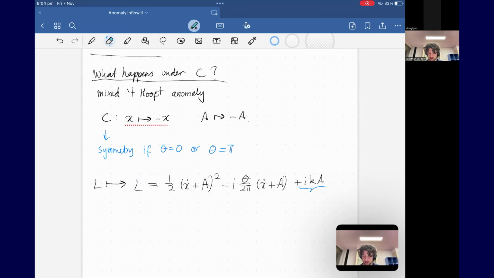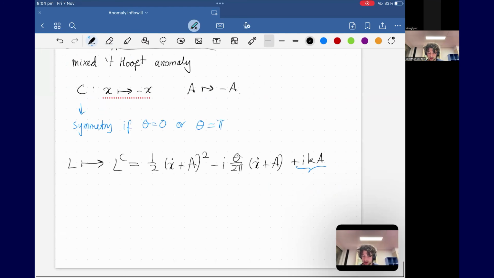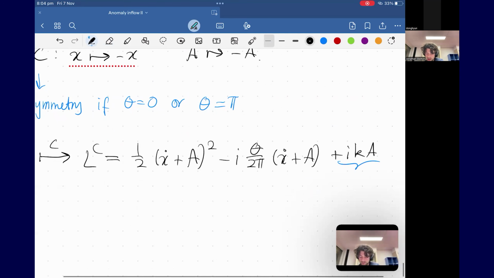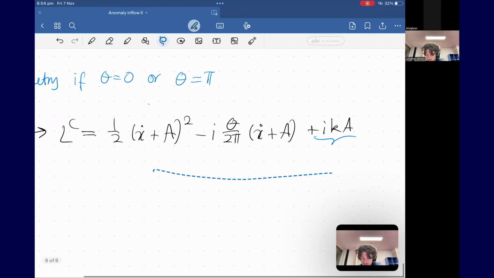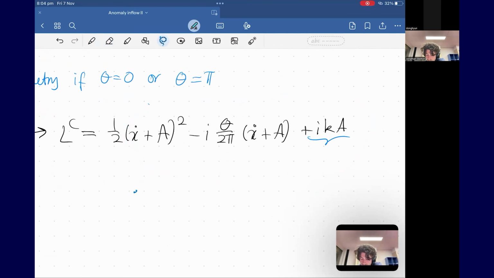Let's call this one LC, so this is under C. This one here was going to be minus x dot minus a, but then you square it, so you just get the same thing back. That's nice. The second one, again, now we pick up a plus, and then the third one, we get a minus sign here.